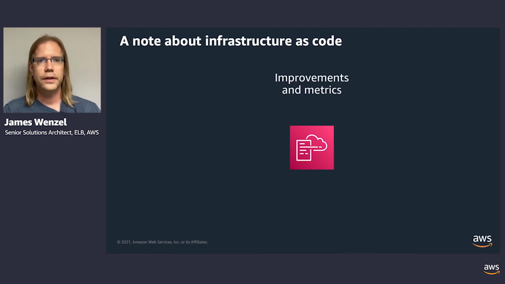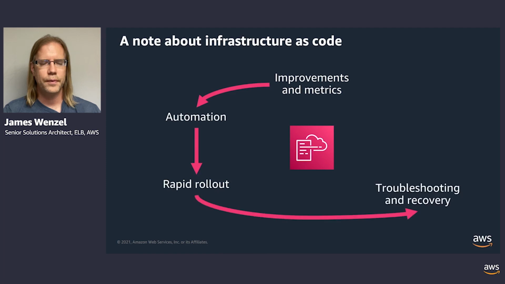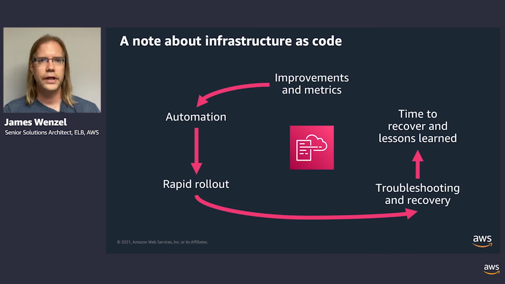This allows you, because you're using infrastructure as code, to set up automation. And then from there, you can use rapid rollout. If you have any trouble, you can recover quickly by backing off changes or looking at the differences between the changes, and then your time to recover is lessened. You also learn lessons learned, and then you can wrap that into your cycle.